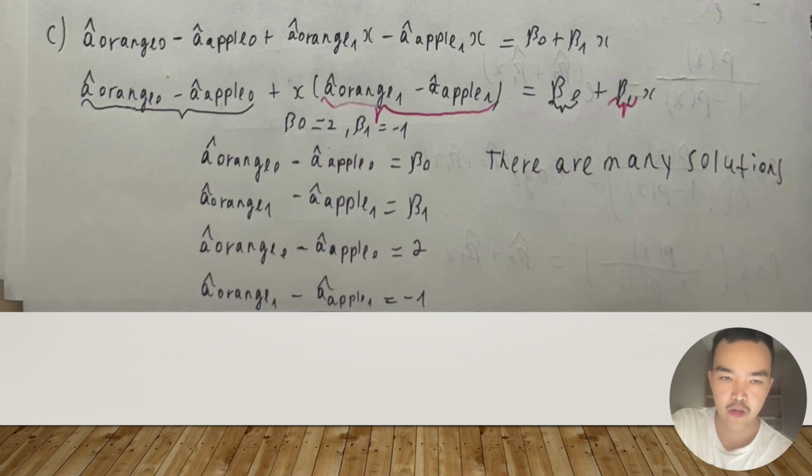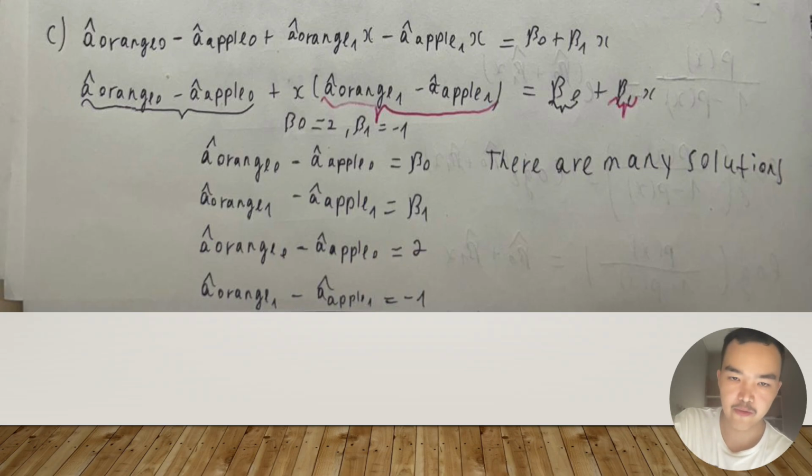So the variables underlined with black color and the variables underlined with red color, we can equate them, because the ones with black color don't have x, and the ones with red color have x.